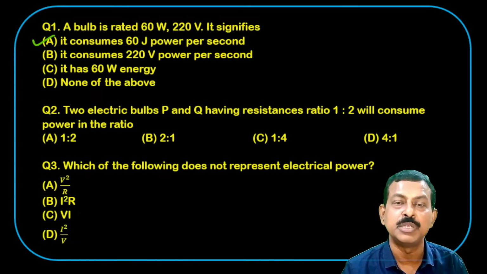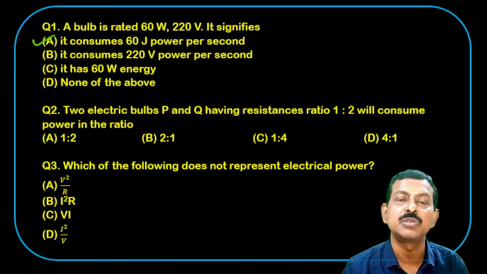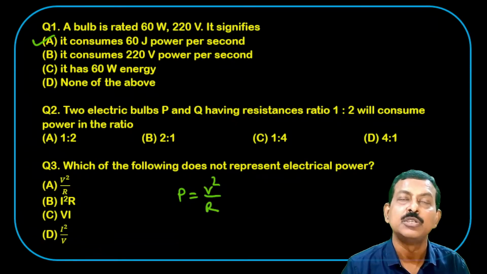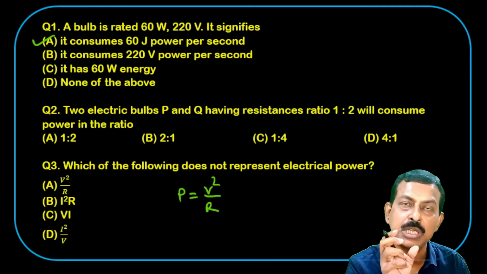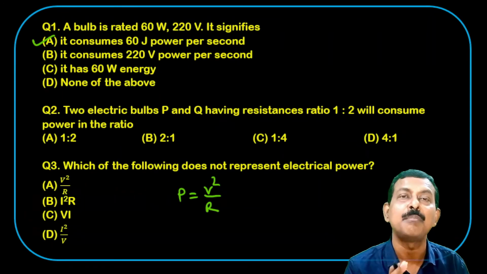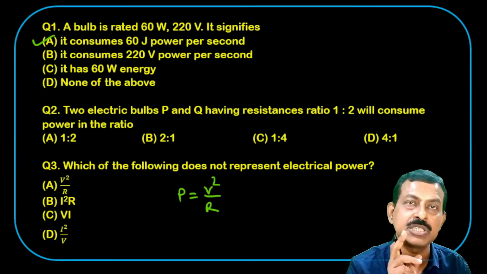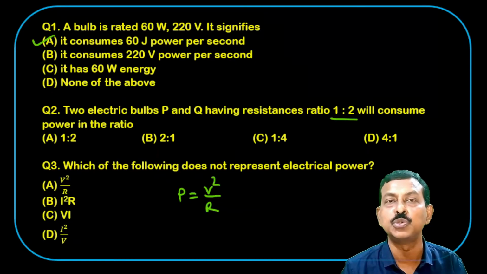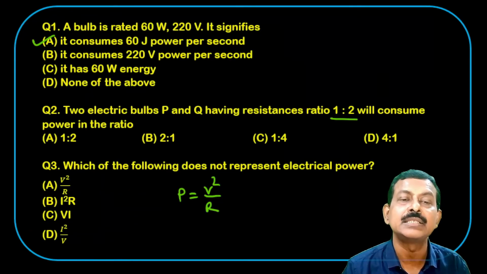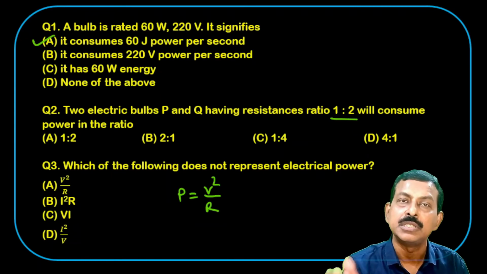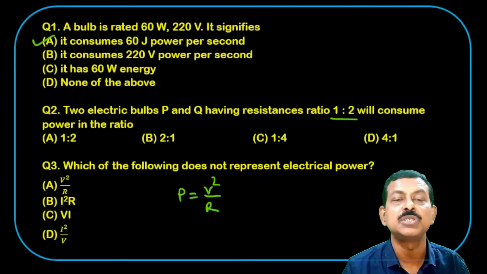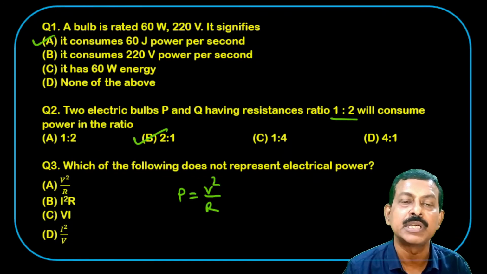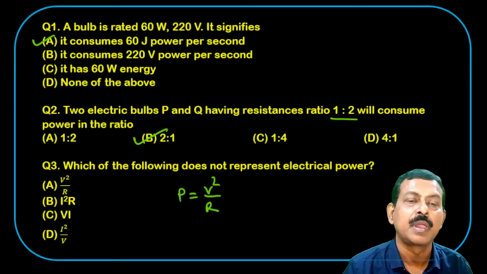In that case, the expression for the power is V square by R. So different appliances which are being used at a particular voltage have power in inverse ratio of their resistances. Since the resistances are in the ratio 1:2, the power ratio will be just opposite, that means it will be equal to 2:1. So in that case, the second one will be the correct option.